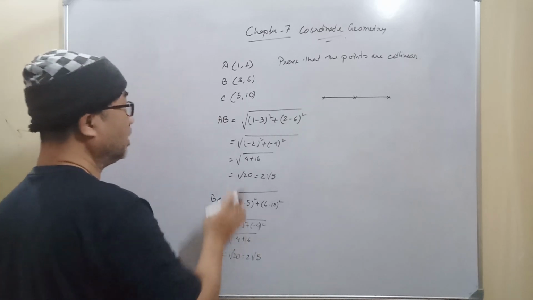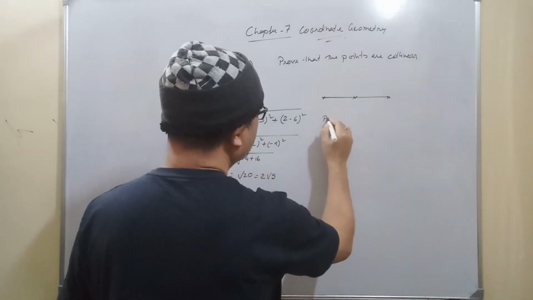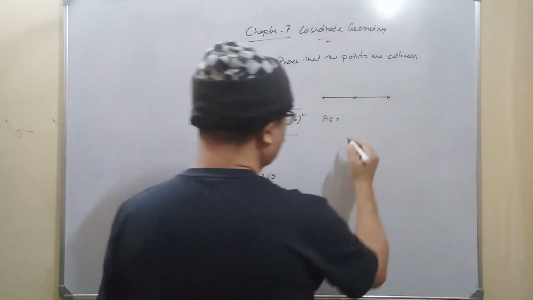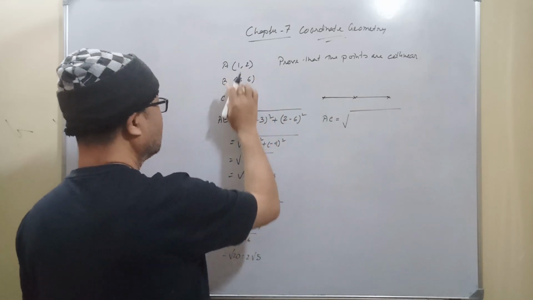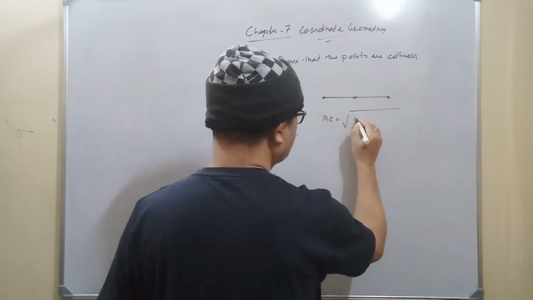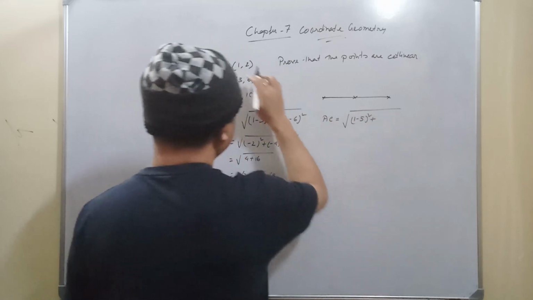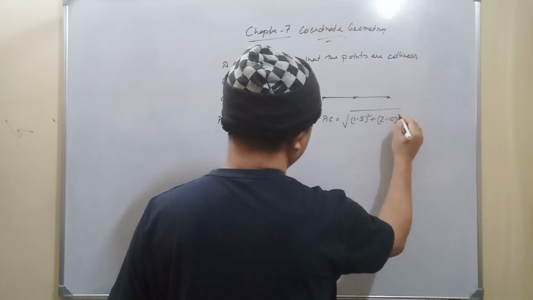And then we find the distance between A and C. What is the distance between A and C? (1 minus 5) square plus (2 minus 10) square. Right?